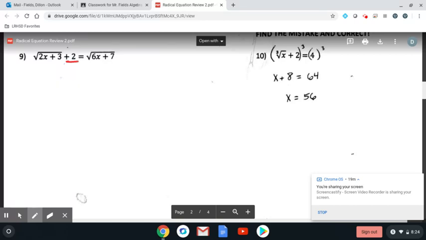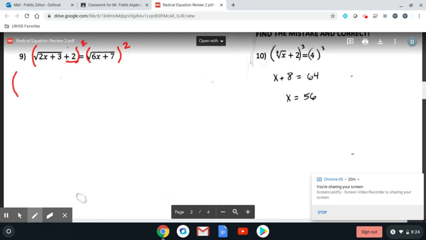So that's what makes this a little bit harder compared to a problem like number 8. So what you guys want to do is first start off by squaring both sides. The reason why we do that is because this right side has a square root already by itself. So I definitely want to square that side, which means that I would then have to square my entire left side. Now, remember what we talked about before, when you're squaring a side, it really means that you have 2 of them, right?